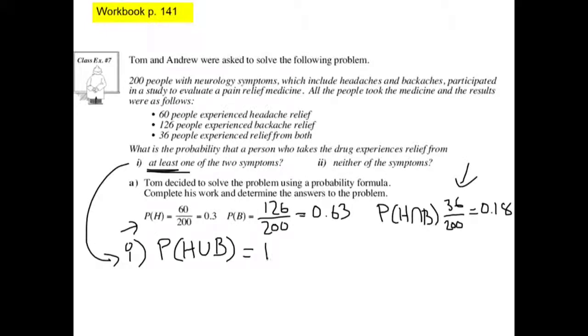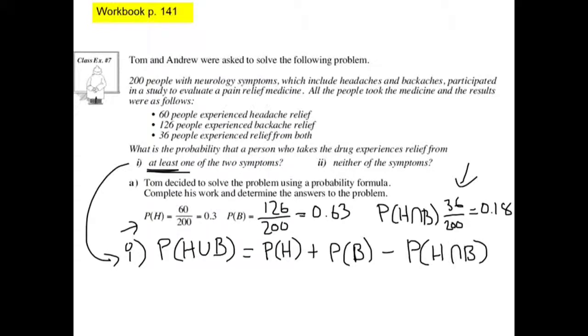Okay, so the probability of the person getting relief from the headache plus the probability of a person getting relief from backaches minus those who get relief from both, just because we don't want them counted twice.